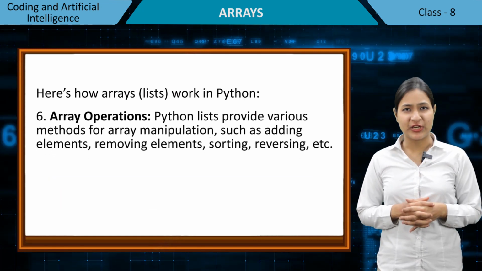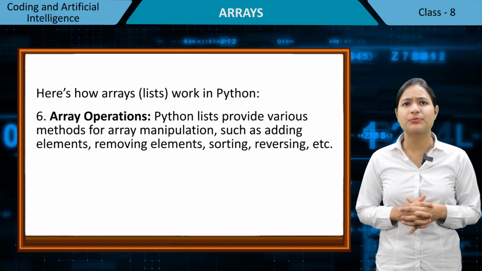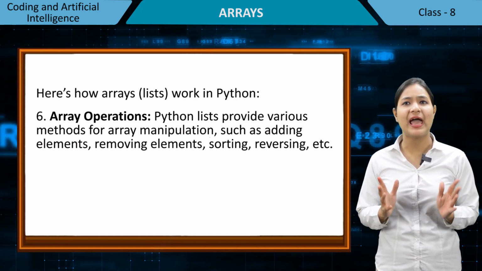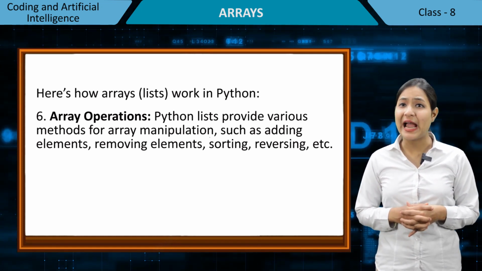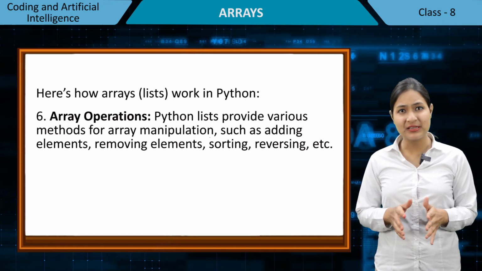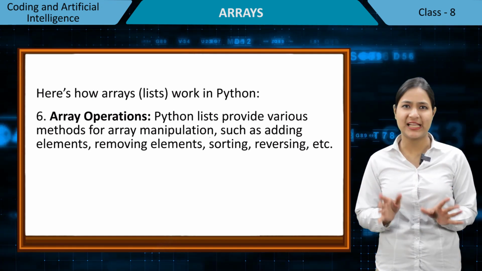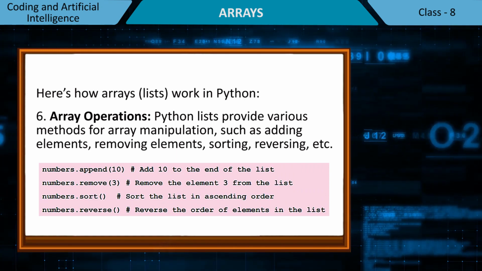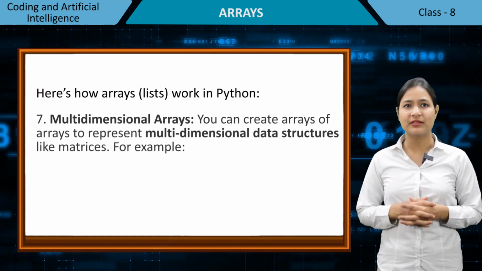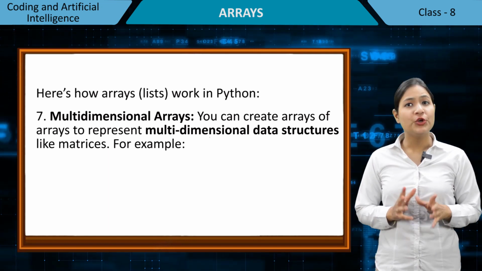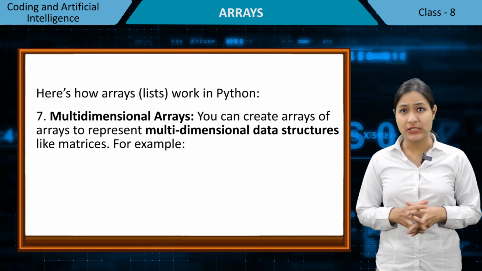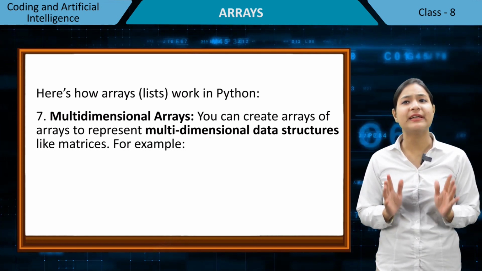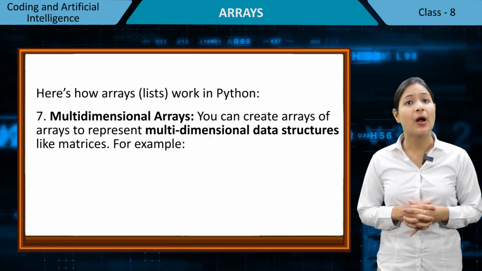Sixth, array operations. Python lists provide various methods for array manipulation, such as adding elements, removing elements, sorting, reversing, etc. Seventh, multi-dimensional arrays. You can create arrays of arrays to represent multi-dimensional data structures like matrices.